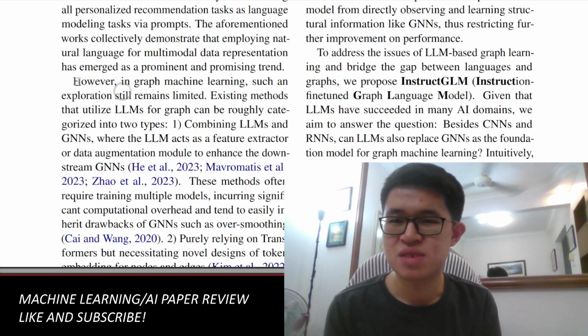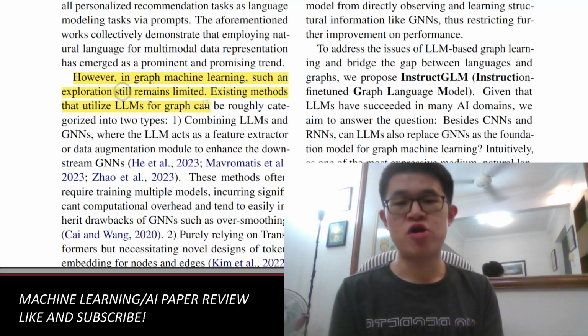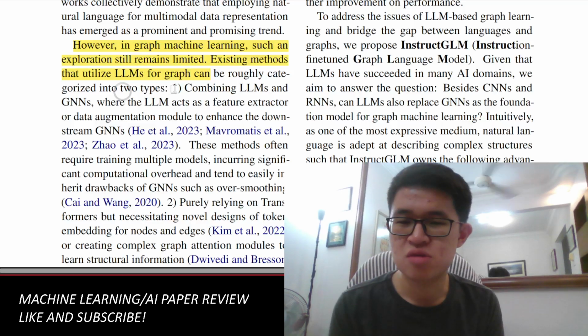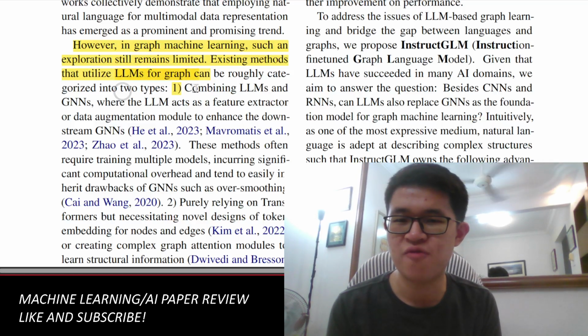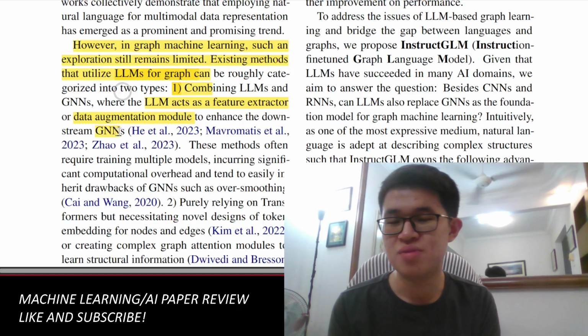So, right, and to say, okay, however, in graph machine learning, there are a lot more questions that need to be answered. For example, typically how you use LLMs for graph processing is, number one, you combine LLMs and GNNs, where the LLM acts as a feature extractor or data augmentation model to enhance the GNN.